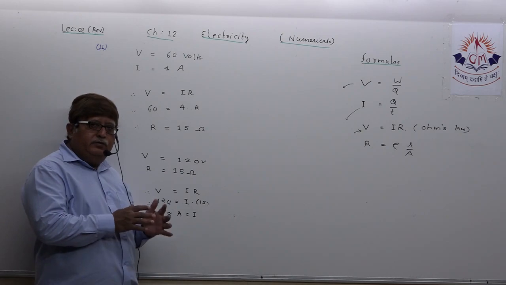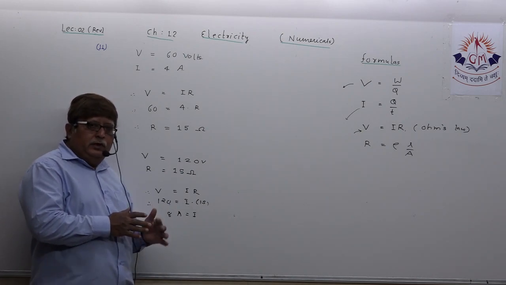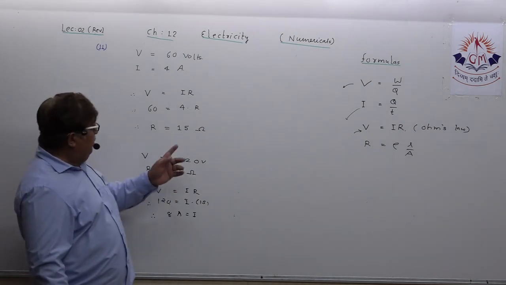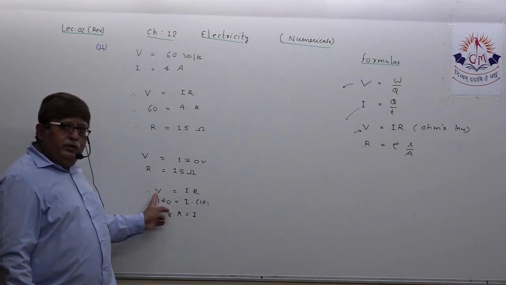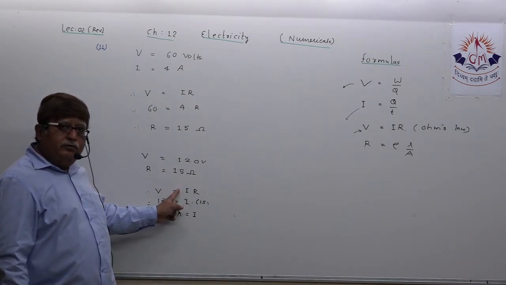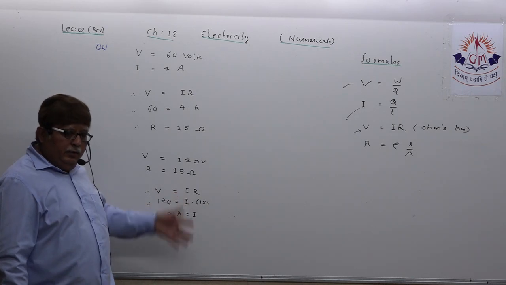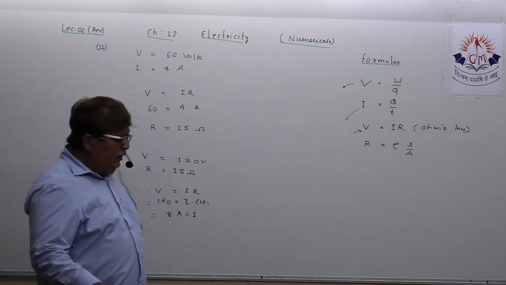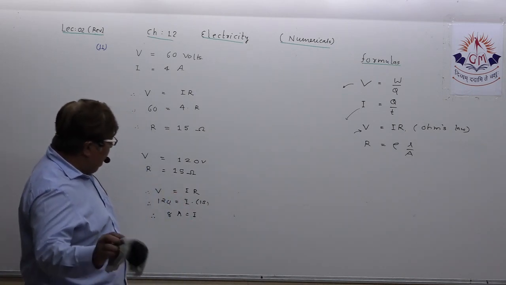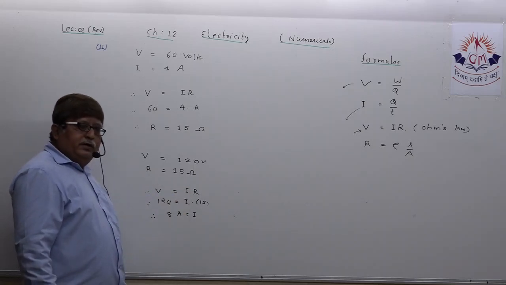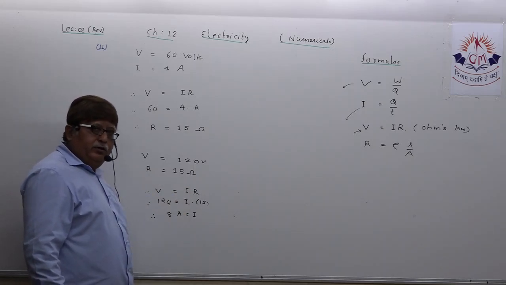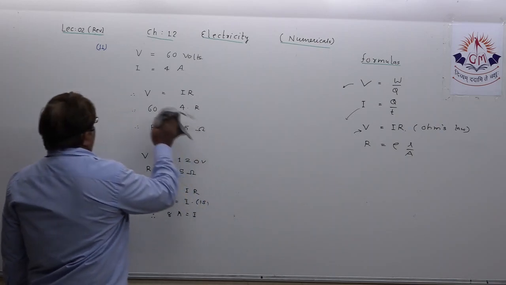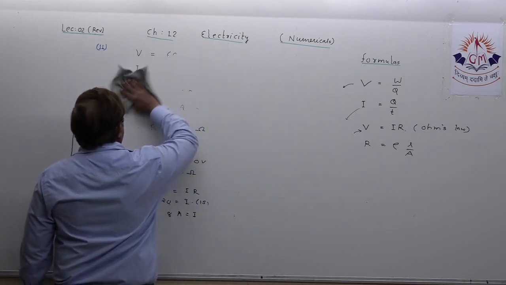So when the resistance is constant, obviously you can relate V and I, V doubles, I doubles. Right? So here you cannot ask the query like what happens to the resistance. It is going to be constant. So numerical number 11.